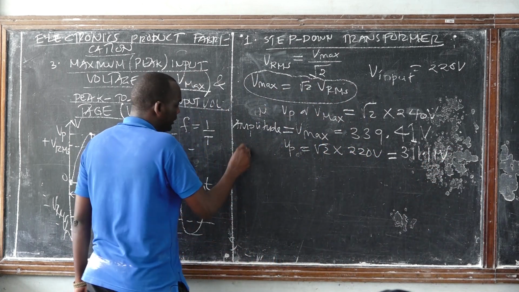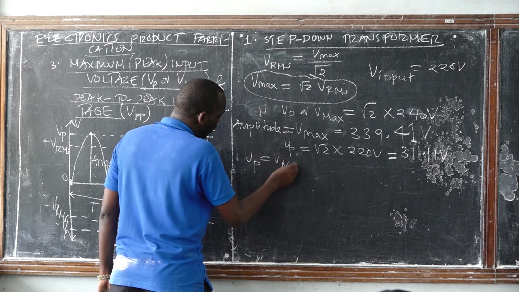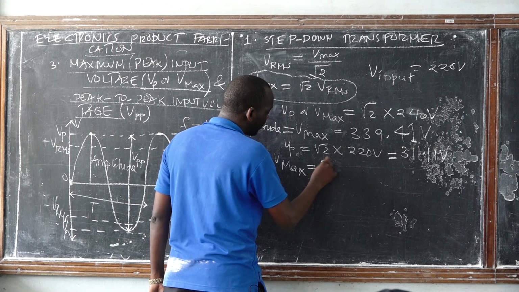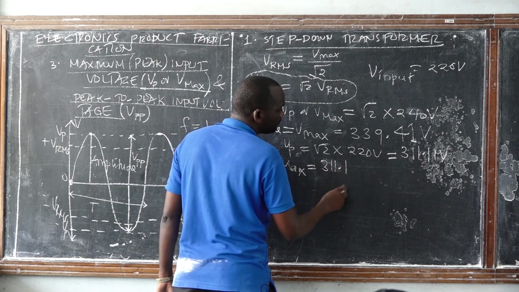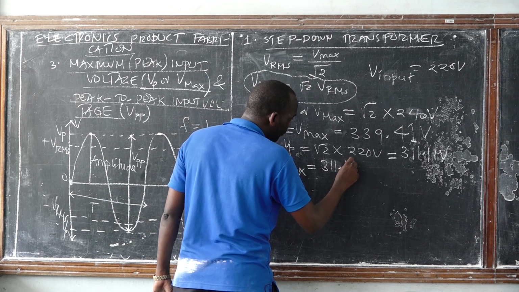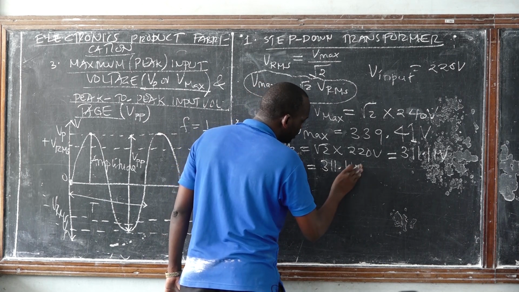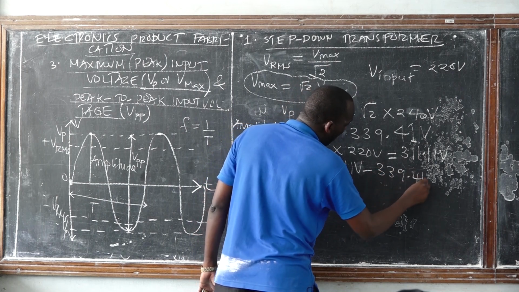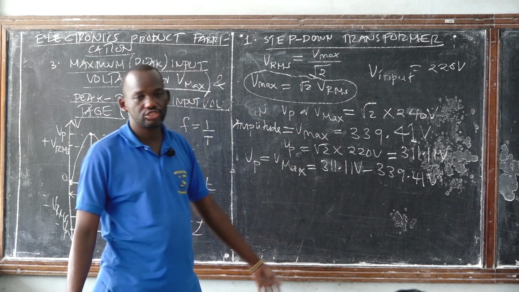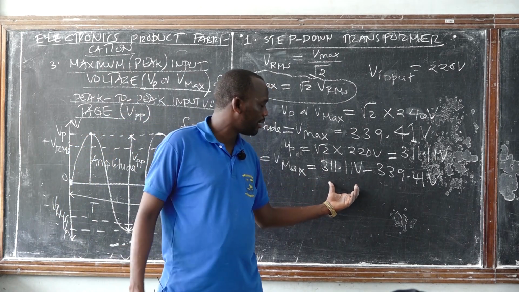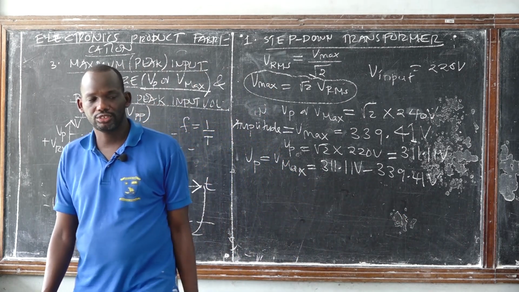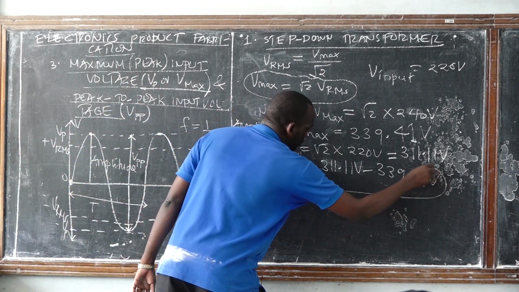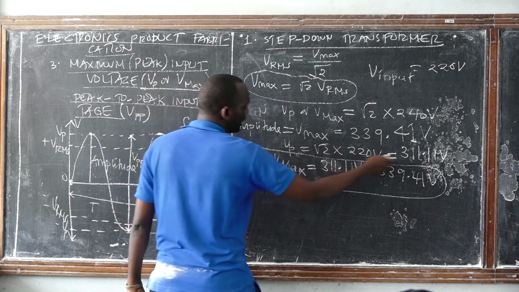So it means that the maximum voltage, V peak or V max of input, ranges from what? 11.1 volt to 339.41 volt. This is the range. Minimum maximum voltage, maximum voltage. So this is what you have to note. So you might use either this one or this one.